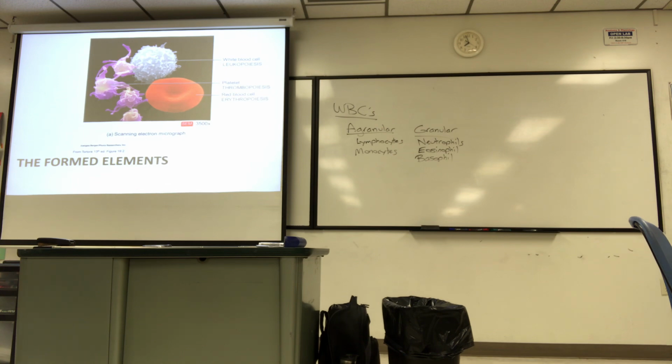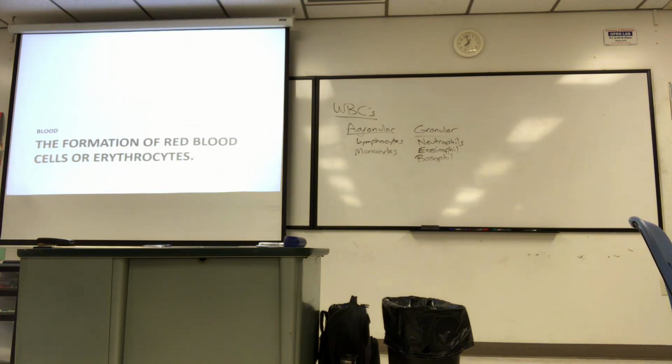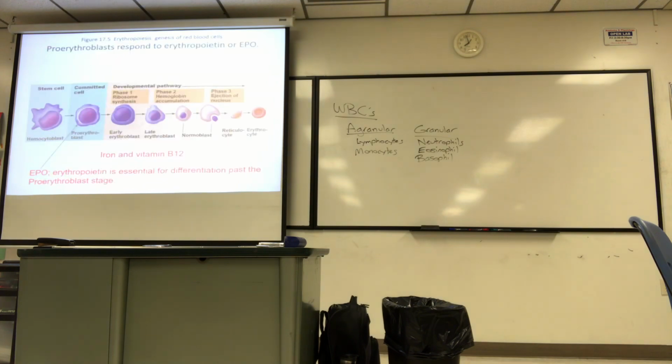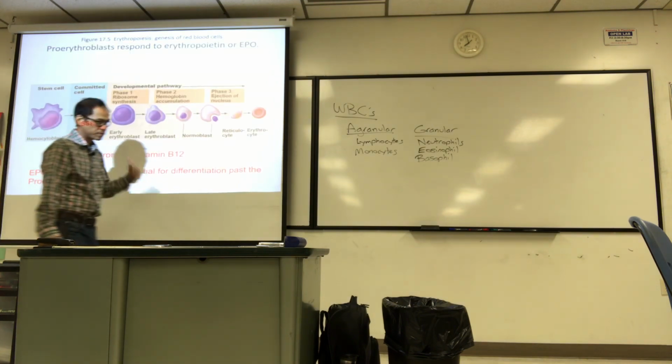The formation of red blood cells, the process is called erythropoiesis. Platelets, thrombopoiesis. Leukopoiesis describes the formation of the white blood cells. We'll start with the formation of the red blood cells, erythropoiesis, shown in this pathway here.